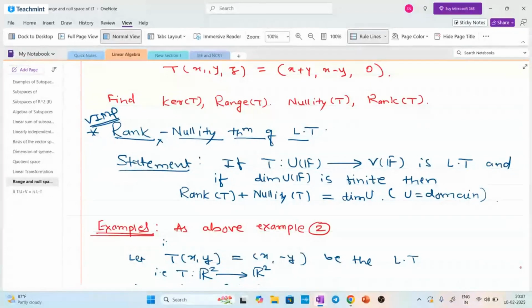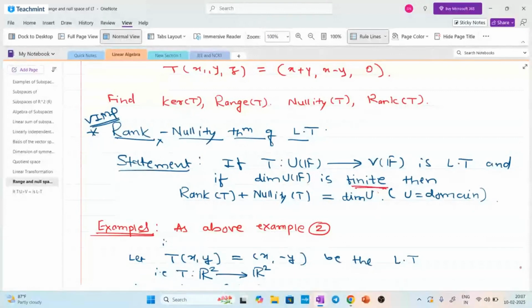If T from U to V is a linear transformation and the dimension of U over F is finite. What is U over F here? U over F is the domain of the linear transformation. The dimension of the domain of the linear transformation should be finite.